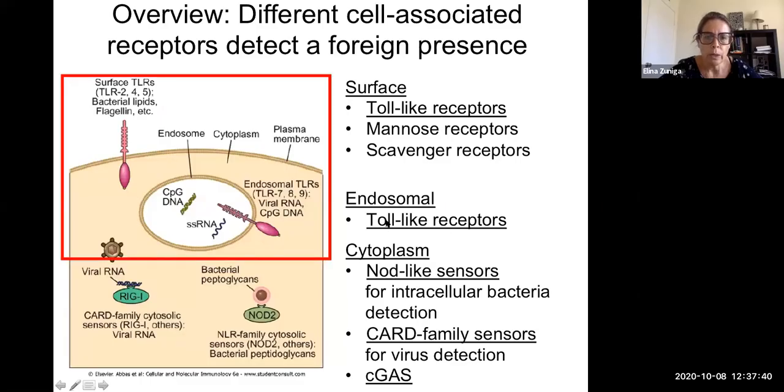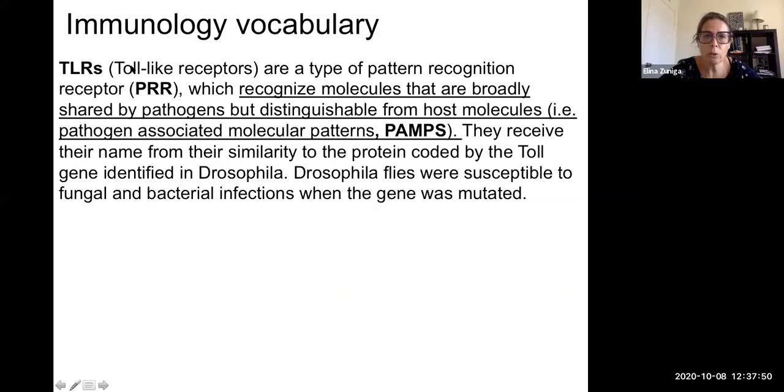Okay, so let's focus on the membrane-associated receptors. We will use the toll-like receptors as an example, and these are a type of pathogen recognition receptors. As you know already, pathogen recognition receptors recognize molecules that are broadly shared by pathogens but are distinguishable from host molecules.